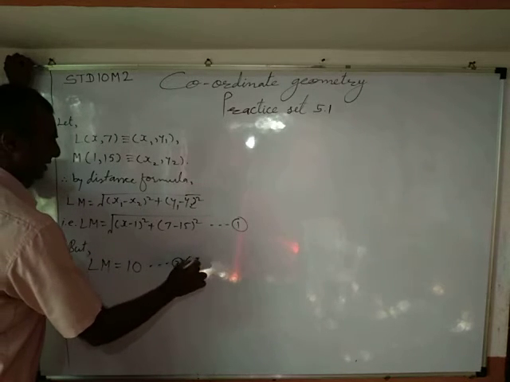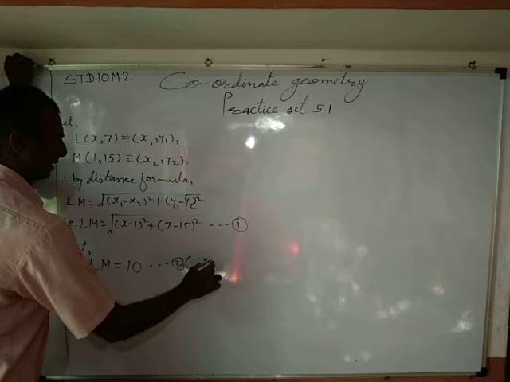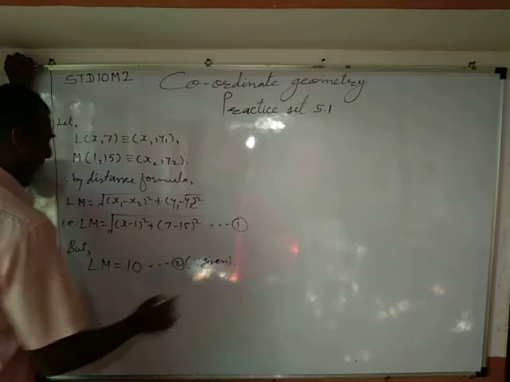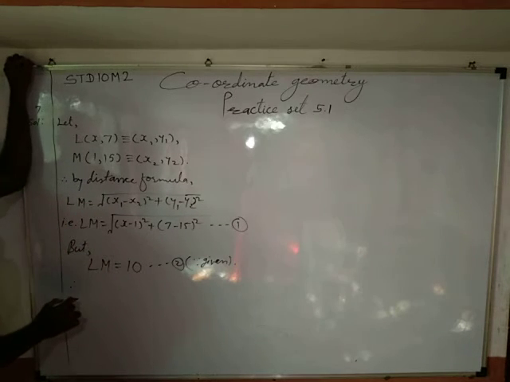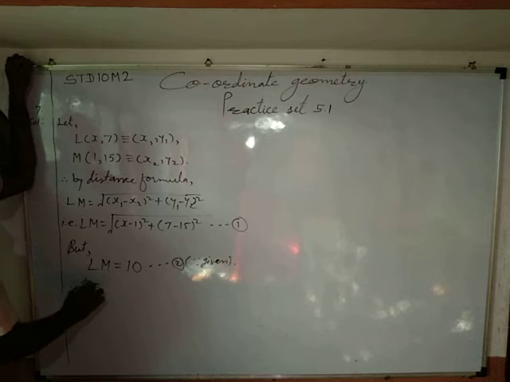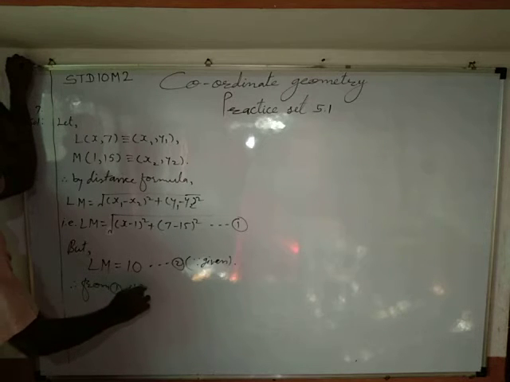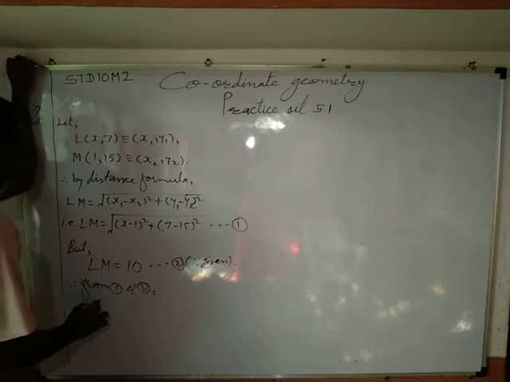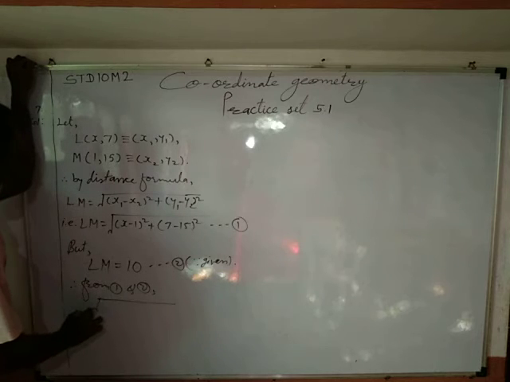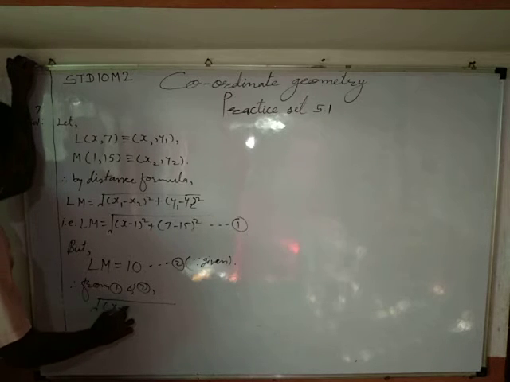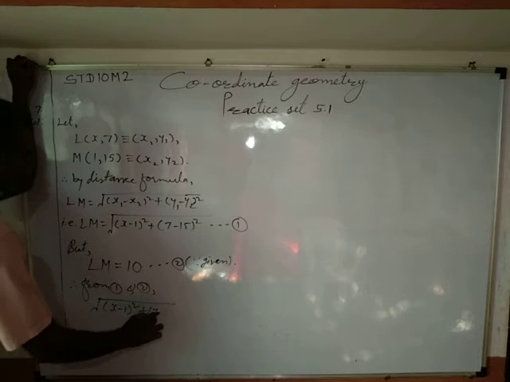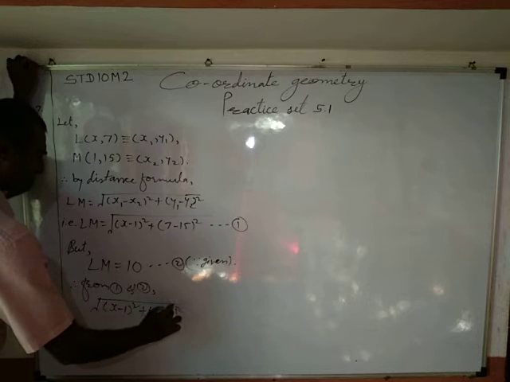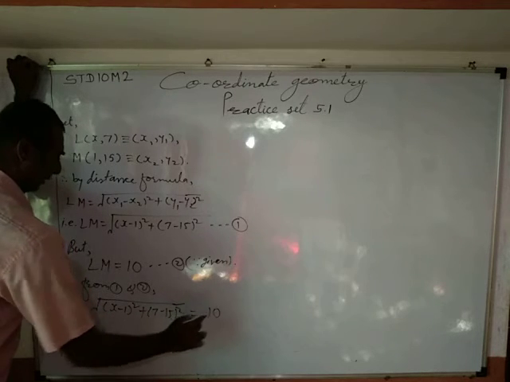Let's call it equation second, since it is given. Therefore, from 1 and 2, under root (x minus 1) its square plus (7 minus 15) its square is equal to 10.